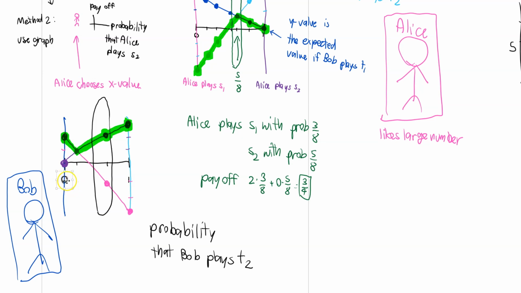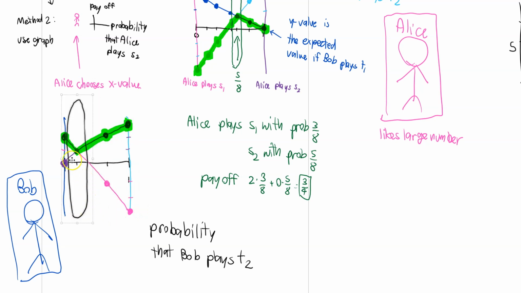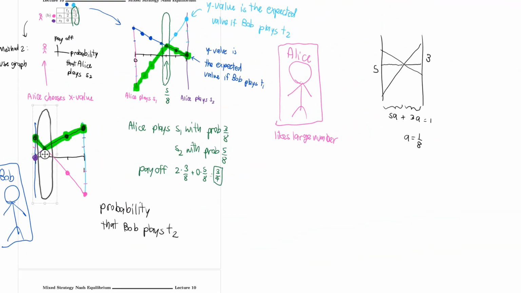I don't know when I drew this, but I probably don't need this now. Okay, so Bob has to choose the x value, whichever he wants, so that the value is the smallest. And you can see that the value is smallest exactly when the two graphs intersect. So Bob can do the same thing that Alice did earlier.